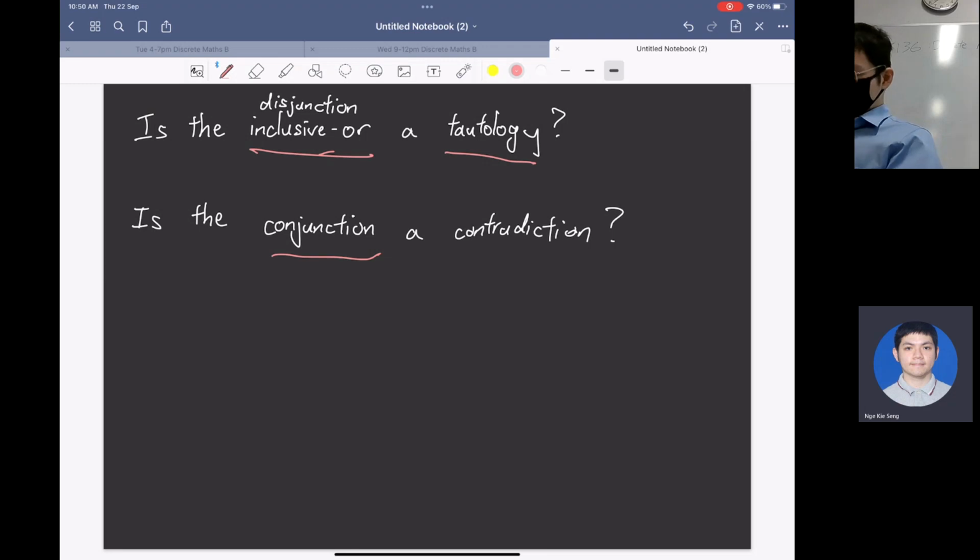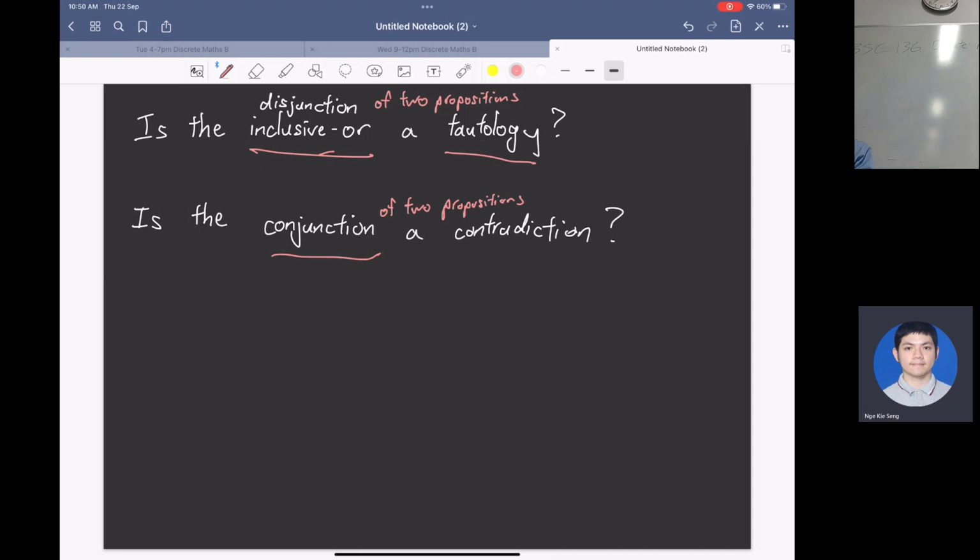Maybe you can change your question and say, is the disjunction of two propositions a tautology? Is the conjunction of two propositions a contradiction? This is possible because the disjunction of two propositions is another proposition, and the conjunction of two propositions is another proposition.